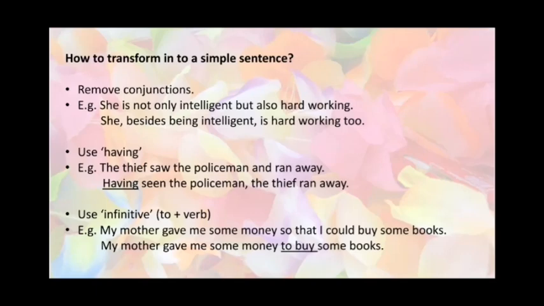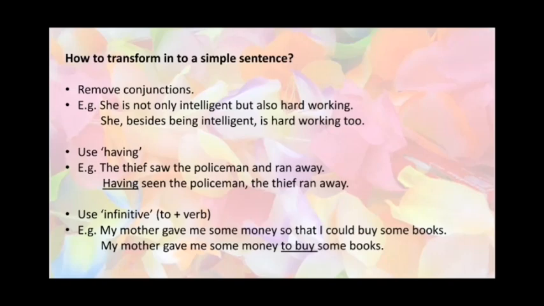Next is use having. For example, the thief saw the policeman and ran away. The same sentence we have to change into a simple sentence using having. So, having seen the policeman, the thief ran away. Next is use infinitive, that is to plus the verb.